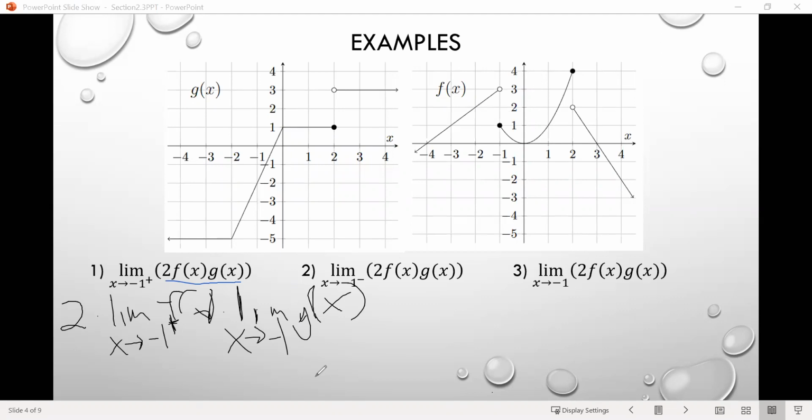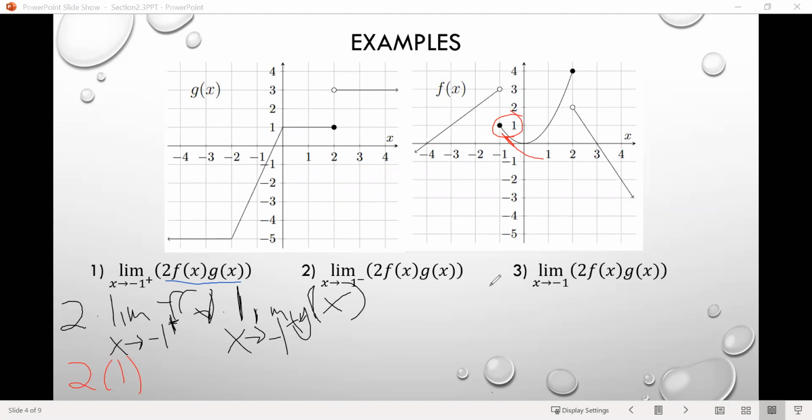Okay, so let's look at what each of those values are. So for the function f approaching from the right-hand side towards -1, we see that that's this piece right here. It looks like the outputs are getting closer and closer to 1, right? So for that one, we get 2 times 1.